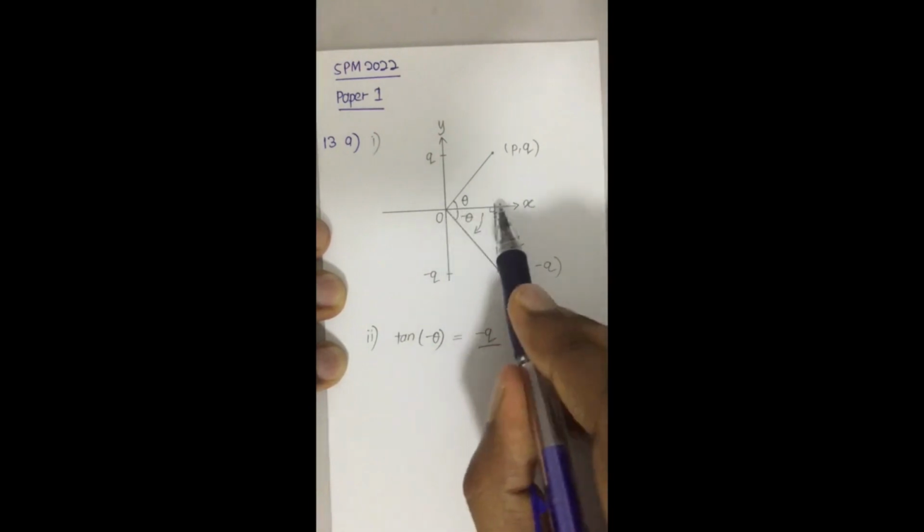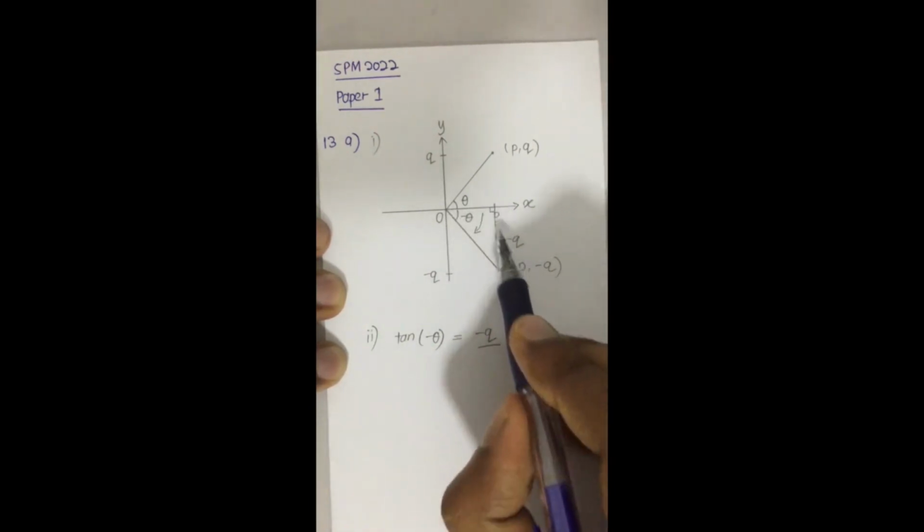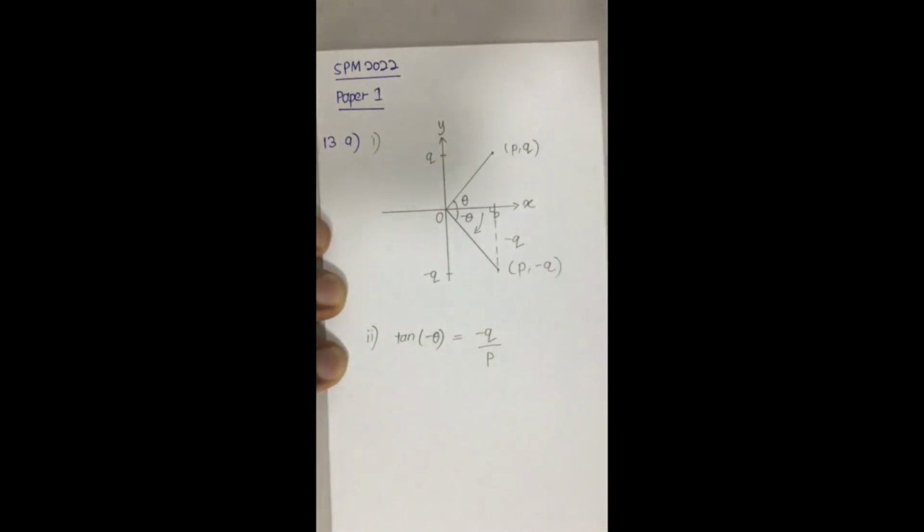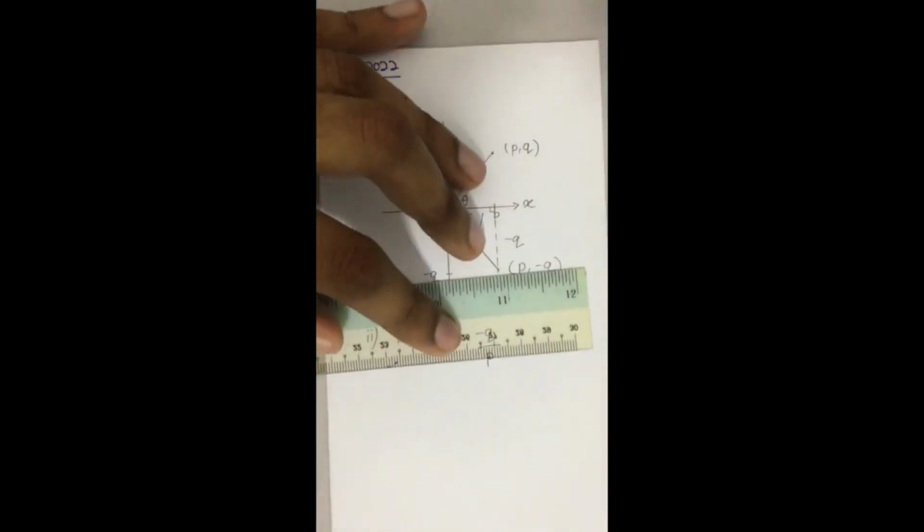The adjacent is the x coordinate, which in this case is P. So this is your tangent negative theta. This is your answer for the question 13A part 2. It's a very short discussion.